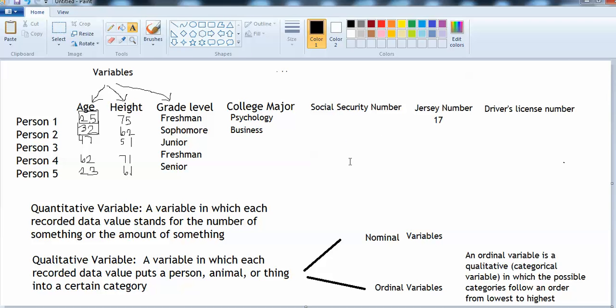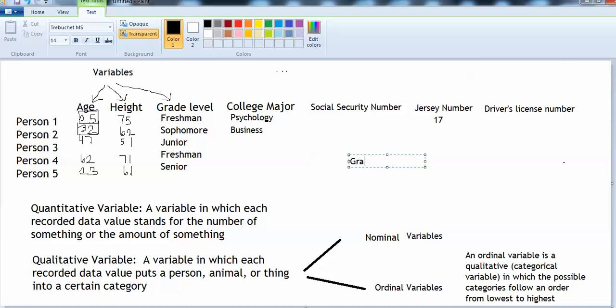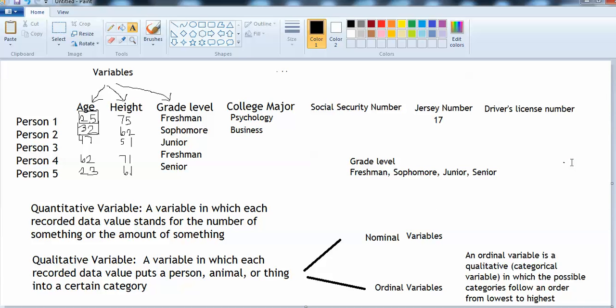You have, well, at least in college, freshman, sophomore, junior, and senior. The possible categories follow an order from lowest to highest. So it's an ordinal variable.